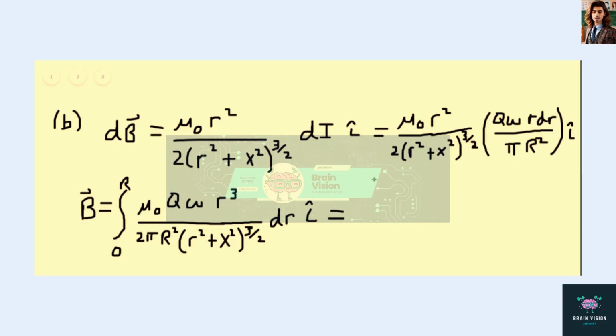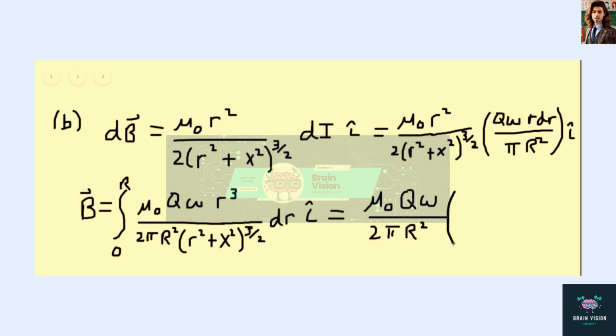So that's what I did here, and we found that this integral is equal to mu naught times q times omega divided by 2 times pi times big R squared. That was everything that we had pulled out front.